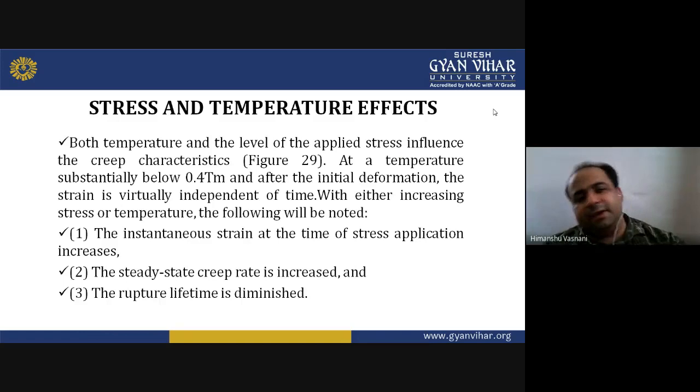At a temperature substantially below 0.4 of the melting temperature, after initial deformation, the strain is virtually independent of time. With either increasing stress or temperature, the following will be noted. The instantaneous strain at the time of stress application increases. The steady state creep is increased and the rupture lifetime is diminished.